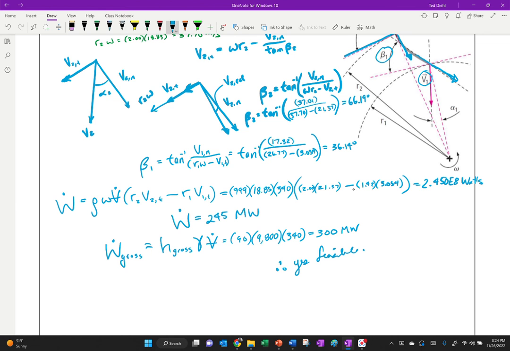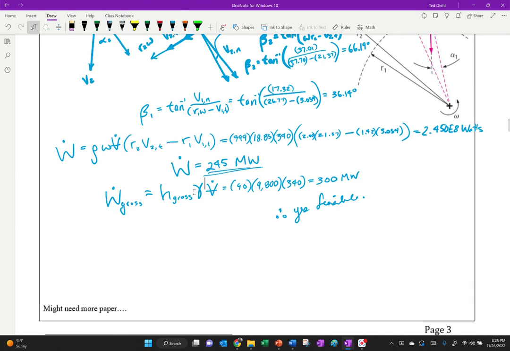But all you would do is the required net head here is we would say that H, I guess I'm using it lowercase, so H required to do this would be the W dot divided by gamma and the volumetric flow rate, right?